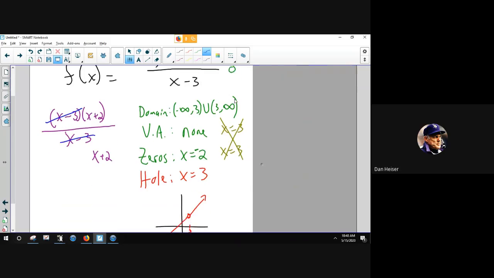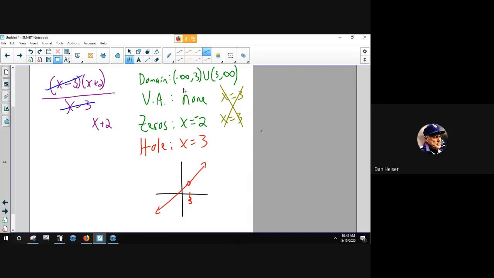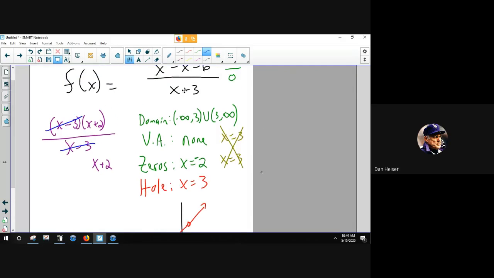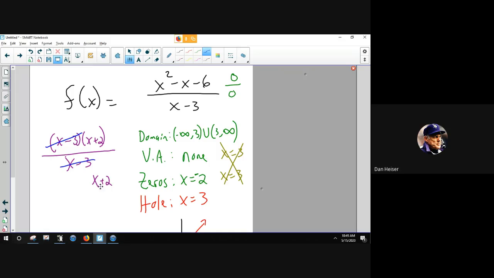We can't have that. So we say, all right, look, even though we reduced this to a linear equation, not a function, we reduce this to a linear form, we still cannot allow 3 to be plugged in. We can't do it.